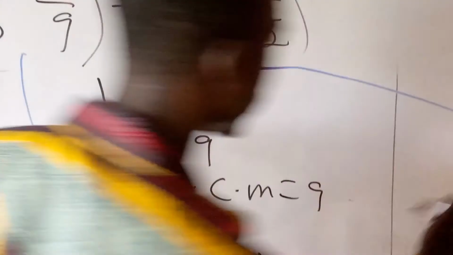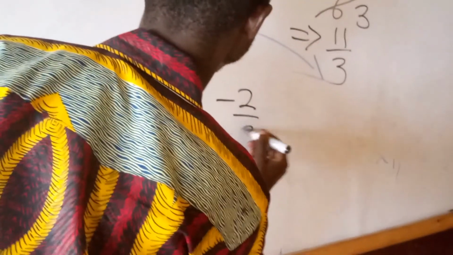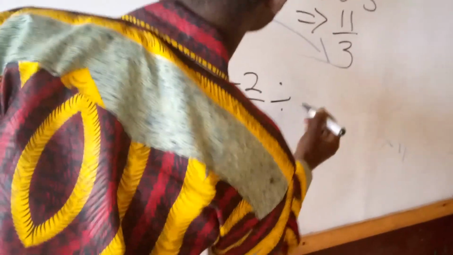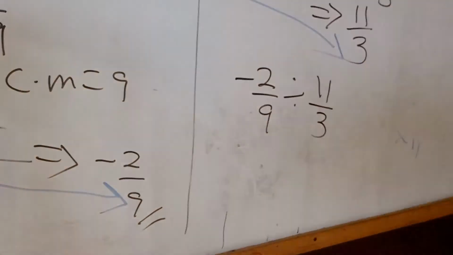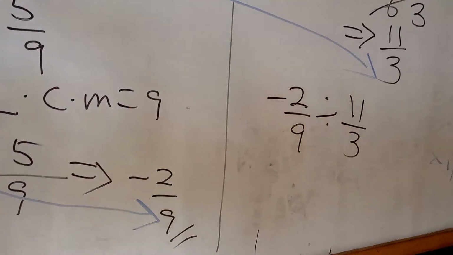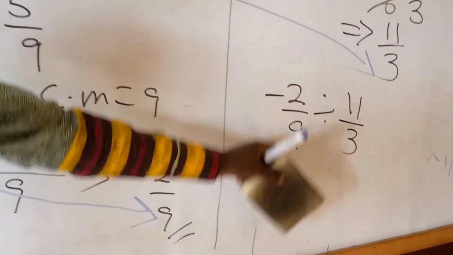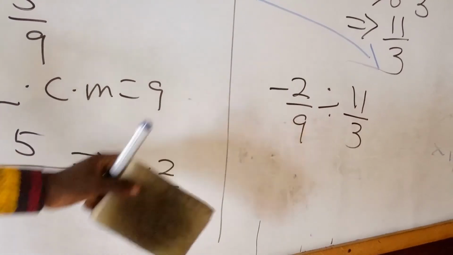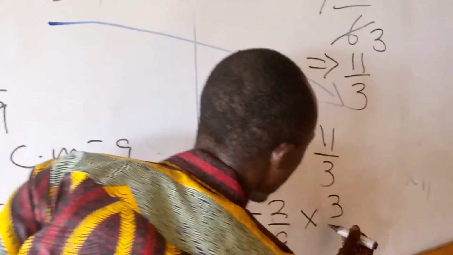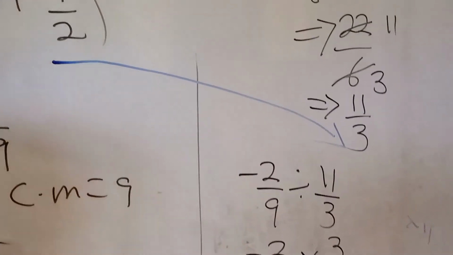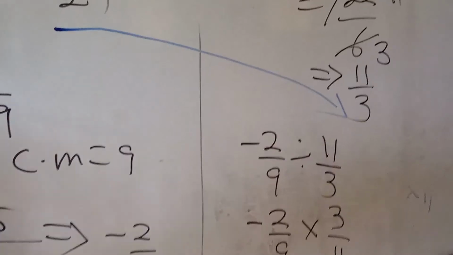So it becomes negative 2/9 divided by 11/3. Once we have this, we change the second fraction. That's you find the reciprocal of the second fraction. So negative 2/9 times, because once we are finding the reciprocal of the second fraction, it changes to what?